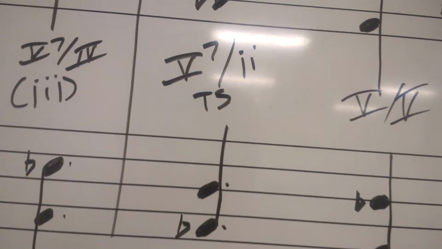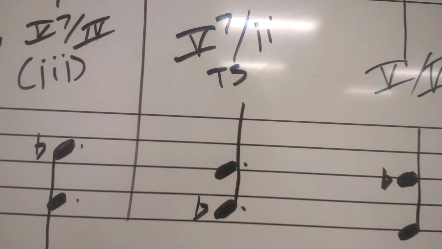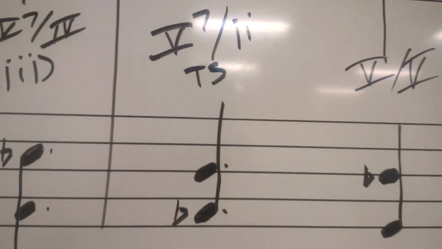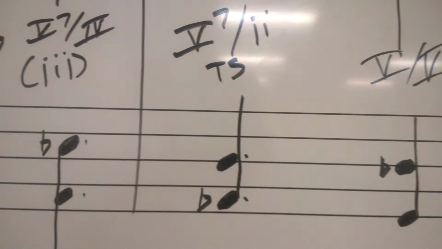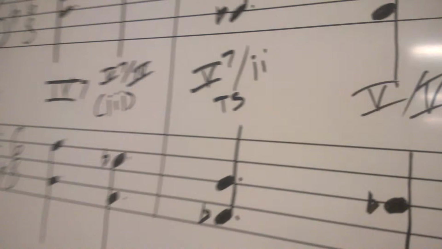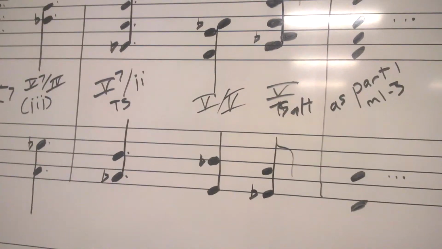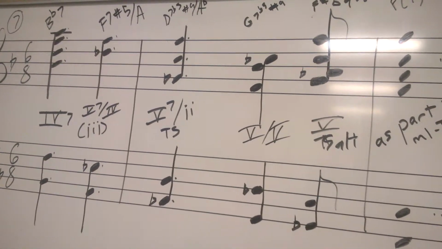You can't have a tritone as the basis of a chord. You can't have it as the root and still have it function in traditional theory. It doesn't work that way. It doesn't make sense anyway. The actual tritone of the D7 is the other one, the G flat and the C, or F sharp and C.